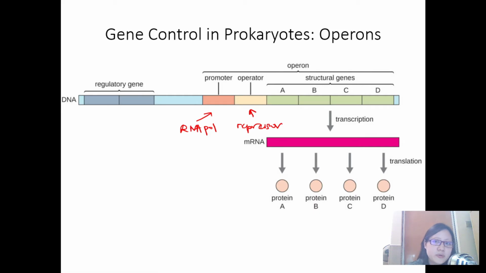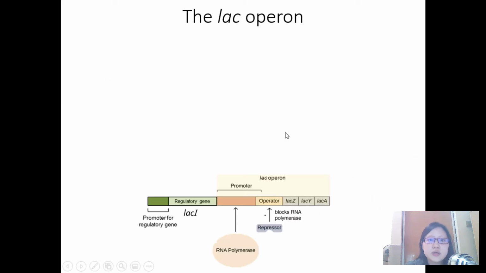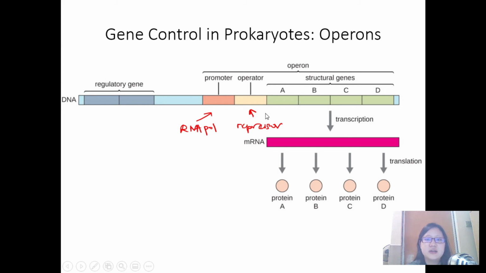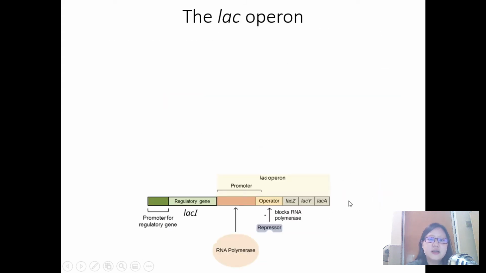Now the operon that we are going to learn is called the lac operon. This is one of the many operons found in prokaryotic DNA and is a very famous example and one that is important for your syllabus. The lac operon looks like this, very similar to the general structure; this is a specific example.